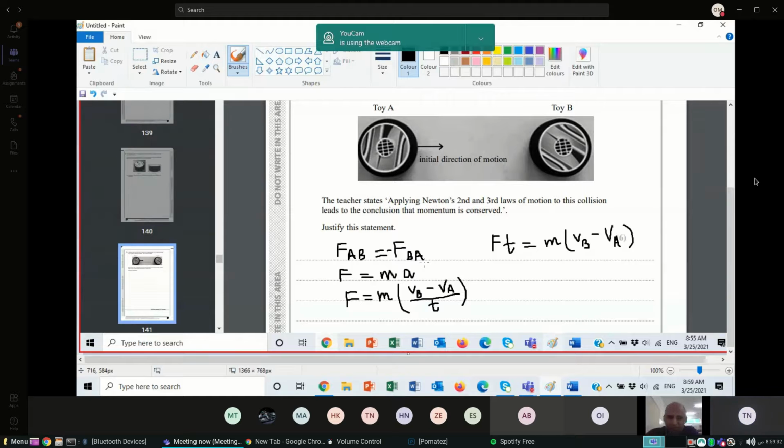In this question, they gave half the marks for just stating Newton's third law. Maybe 1 mark for stating Newton's second law. So they gave 3 marks for stating the third law.